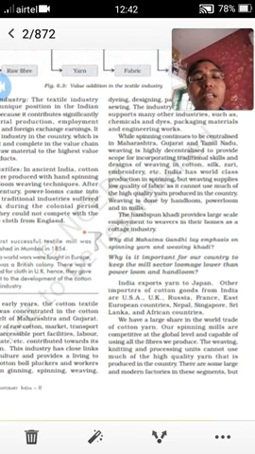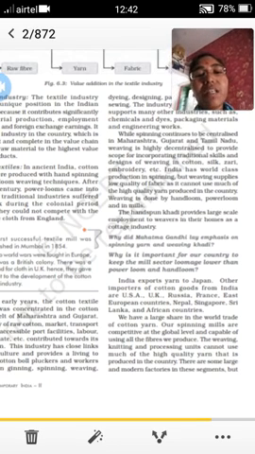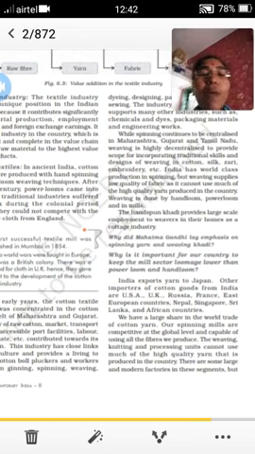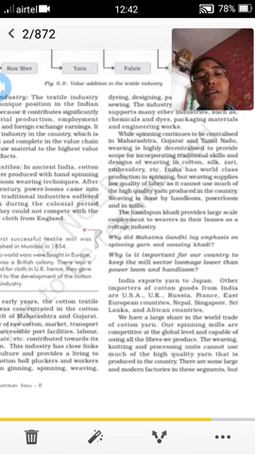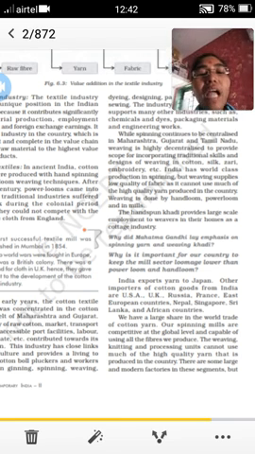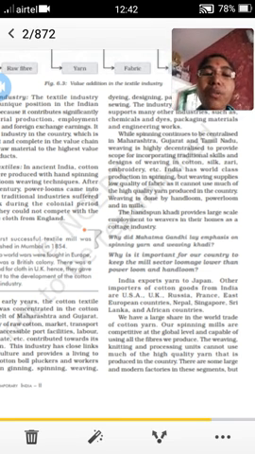Two important places are highlighted here: one is Maharashtra, another one is Gujarat. Why have these two places taken so much importance in cotton textile? Because of the climatic conditions, and skilled labor is easily available in these two places, Maharashtra and Gujarat.